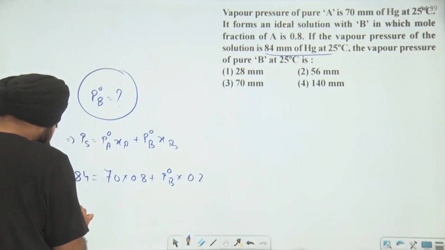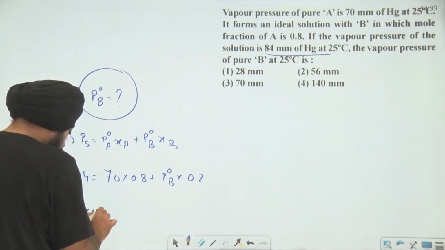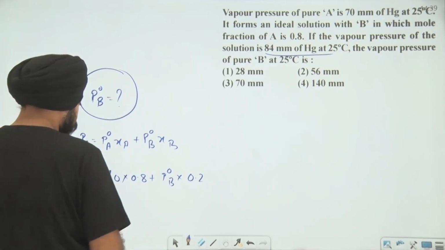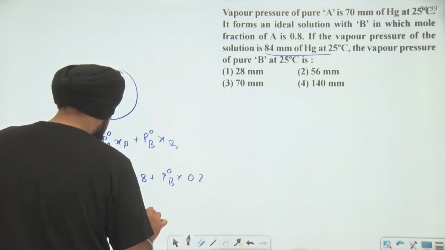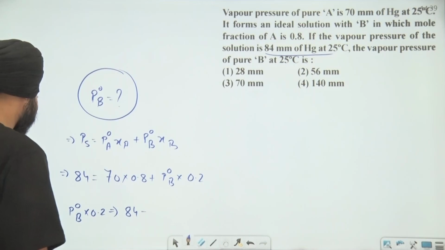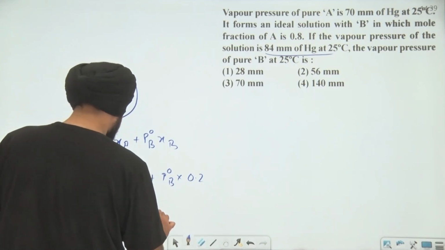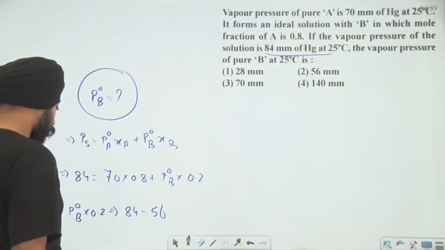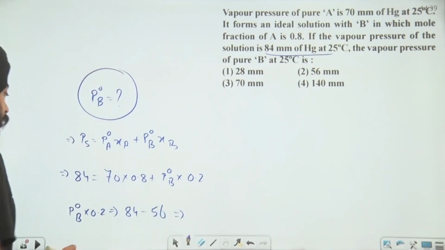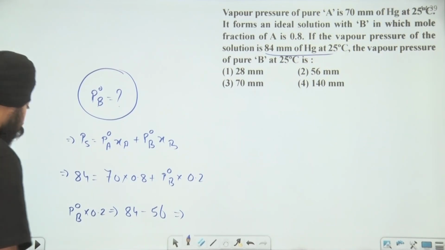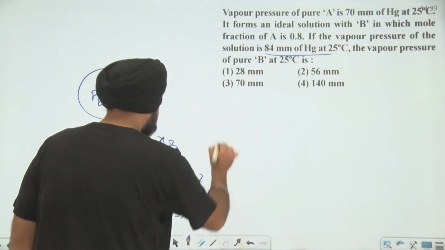Okay, so P naught B into 0.2 is equal to 84 minus 56, which is 28.